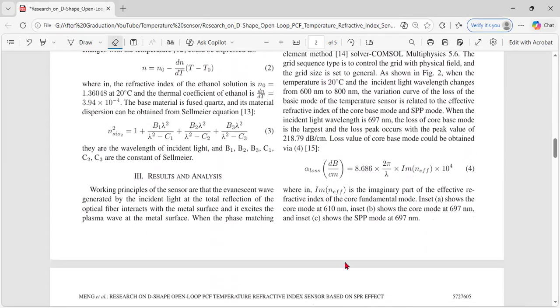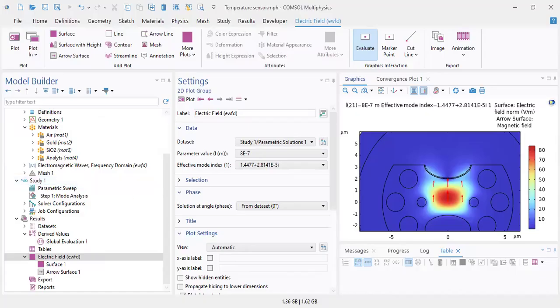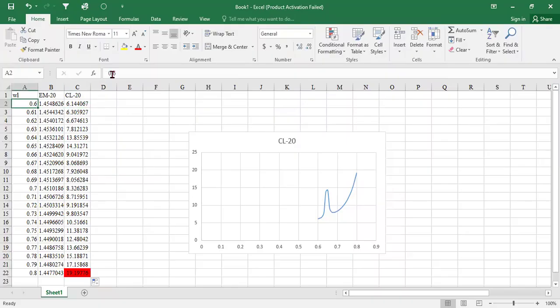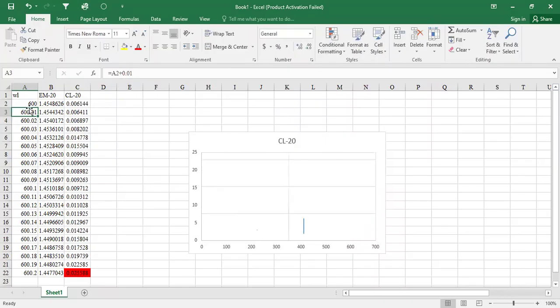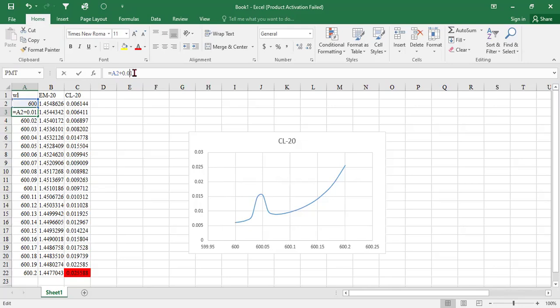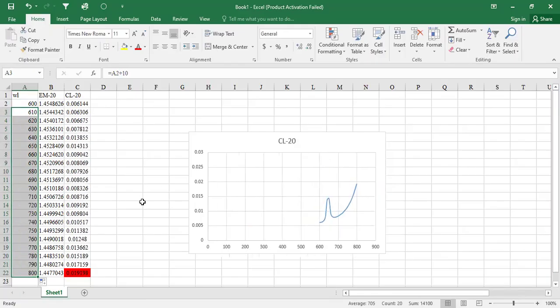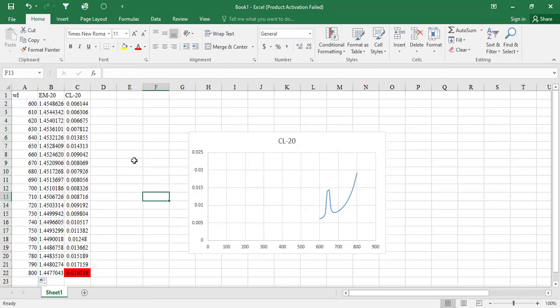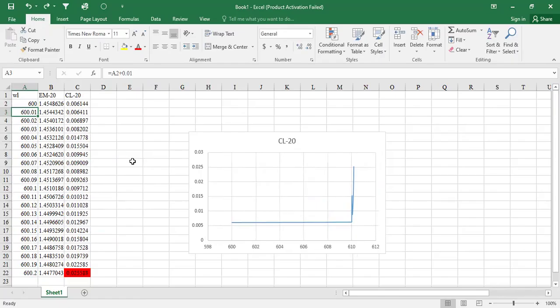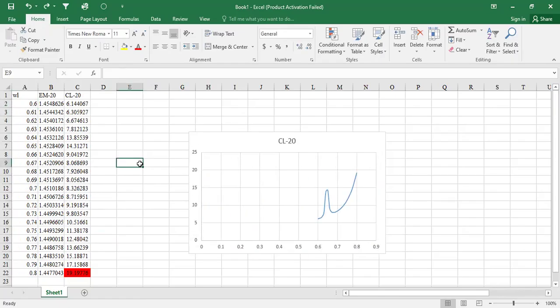We take 600 and 10 nanometer. No, this is a completely different thing.